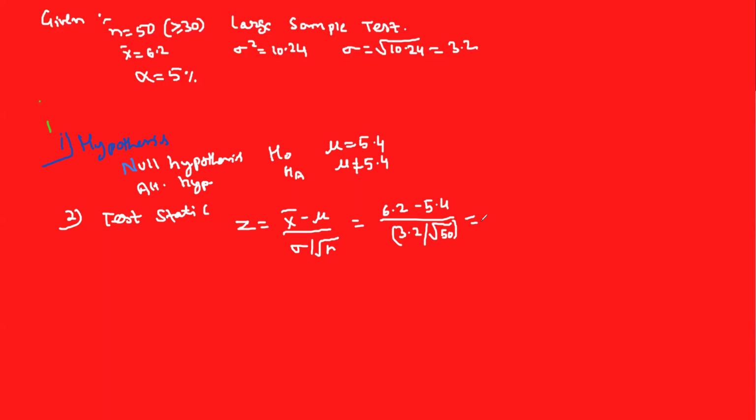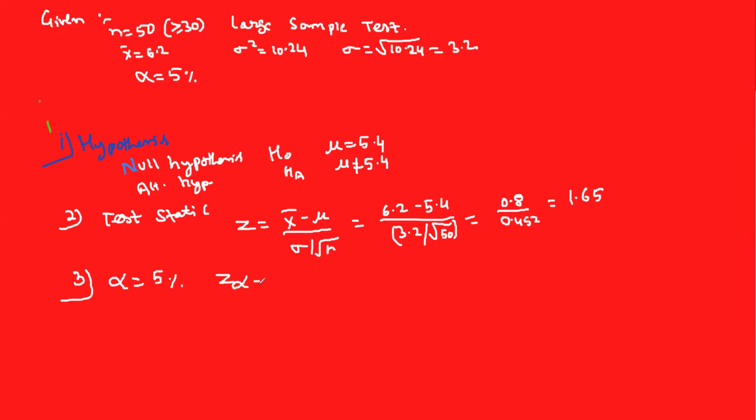So calculating, 6.2 minus 5.4 is 0.8, and 3.2 upon root 50 is 0.452, so we get 1.65, right? Third step is alpha.